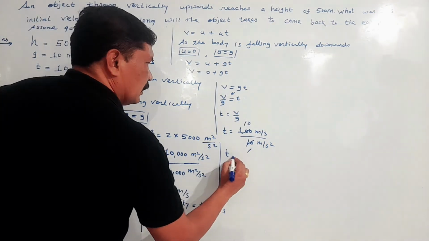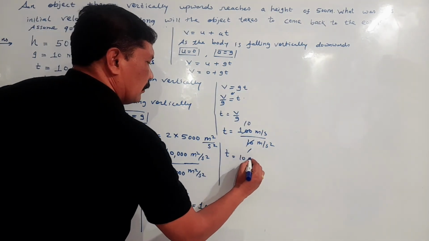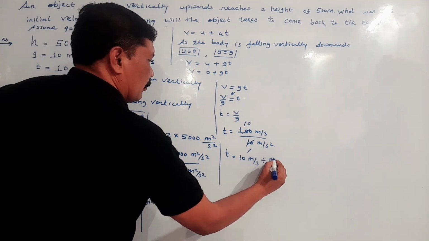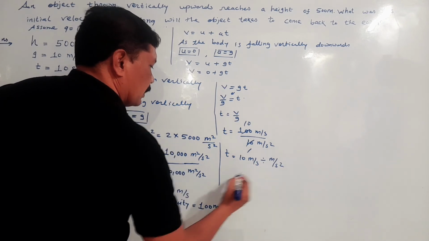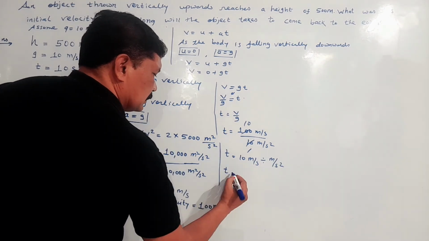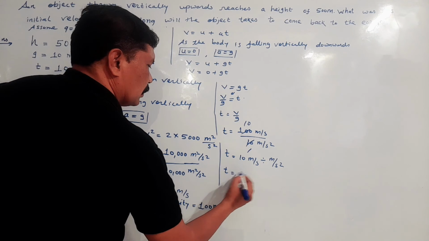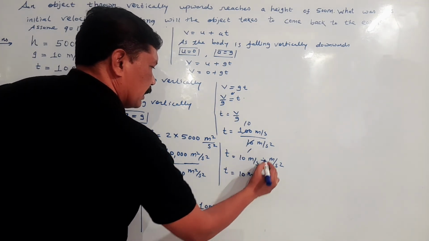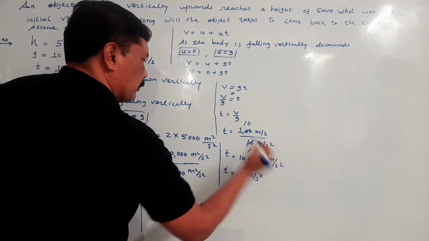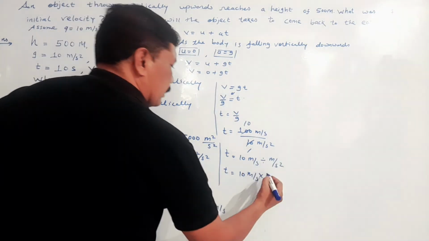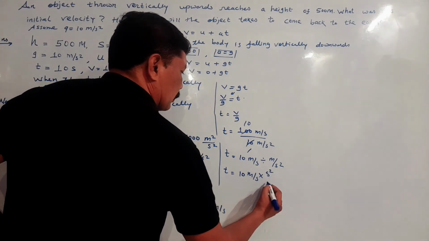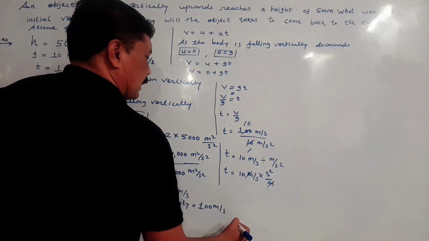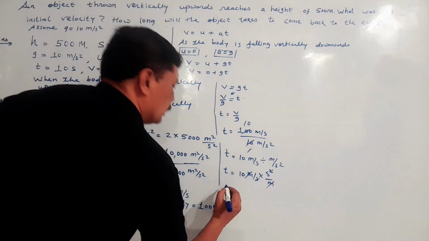So t is equal to 10 meter per second divided by meter per second square. We will write t as it is equal to 10 meter per second, converting division into multiplication and taking the reciprocal, that is second square upon meter. Meter will get cancelled, 1s and 1s will get cancelled.